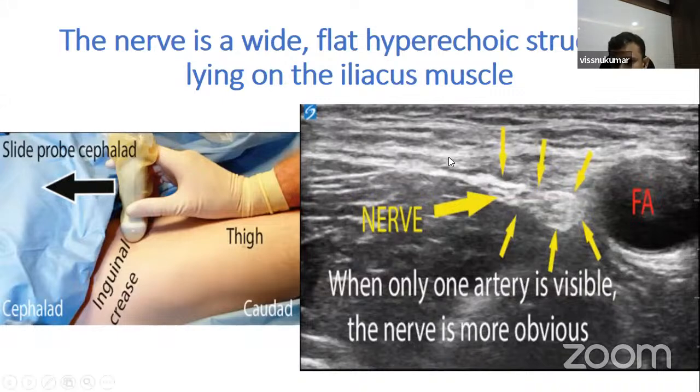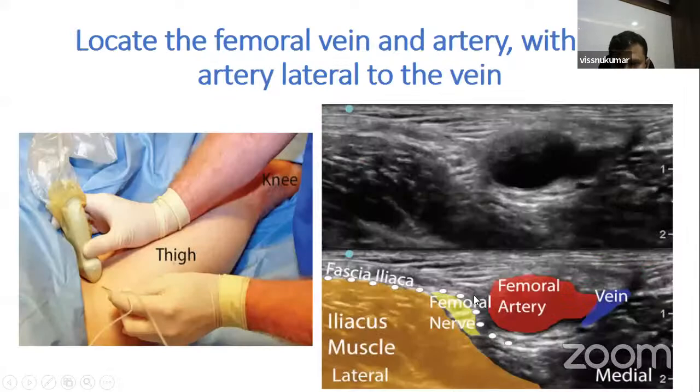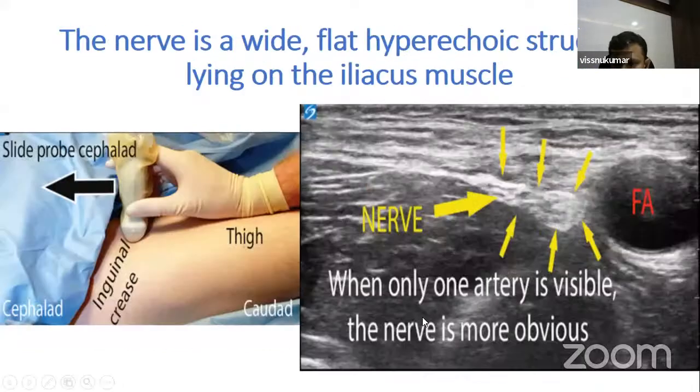Now 2 important things: you have to cross the fascia iliaca and make sure that you deposit the drug here. If you just bring the needle and keep it here, and when you give your drug, the femoral nerve block is not going to happen. And this big muscle, present below the femoral nerve, is nothing but the iliacus muscle.